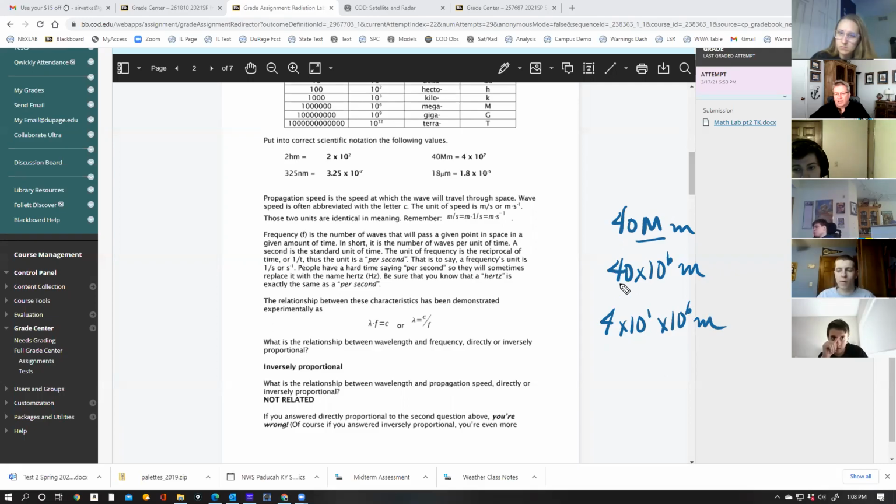So what I'm really asking you to do is be aware that this is becoming that, this is staying the same, and in all of these, the meters stays the meters. Now, when you finally do this at the end, you have 4 times 10 to the 7th meters, because when I multiply exponents, I'm adding. And we do have 4 times 10 to the 7th meters.